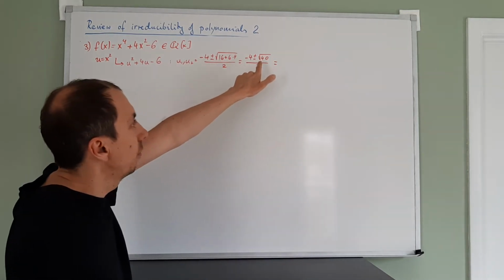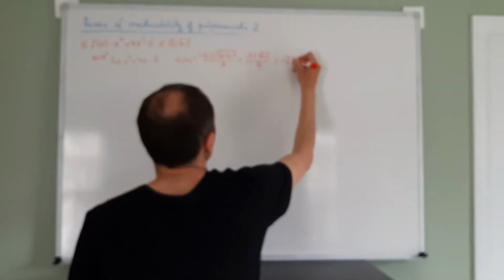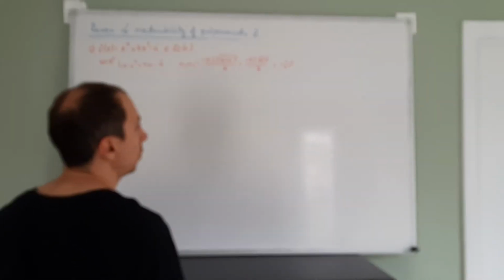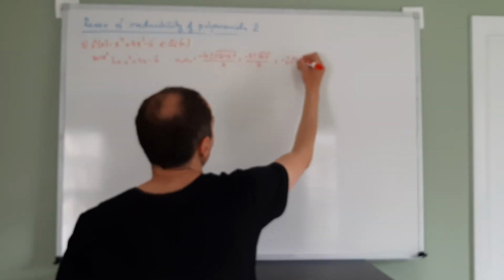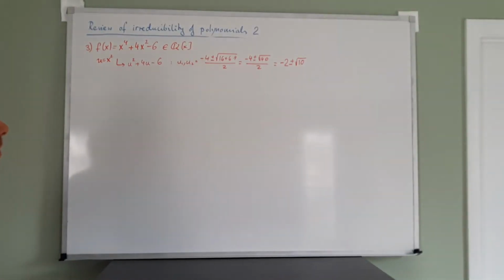I can factor out 4 from the radical, which gives me a 2 outside of the radical that cancels with that 2, so it's minus 2 plus or minus radical 22 over 3.